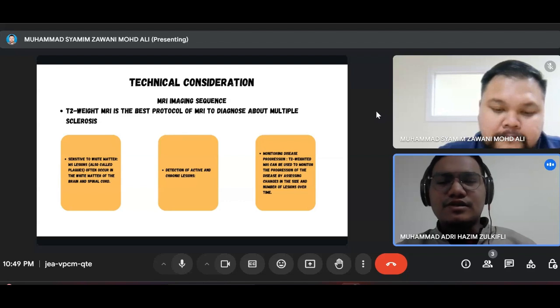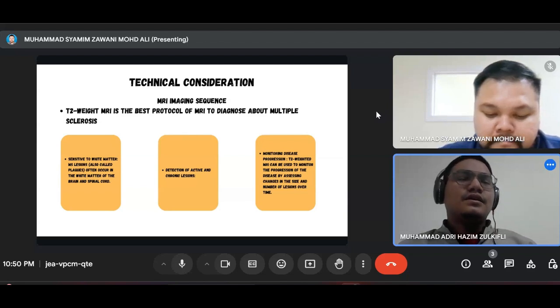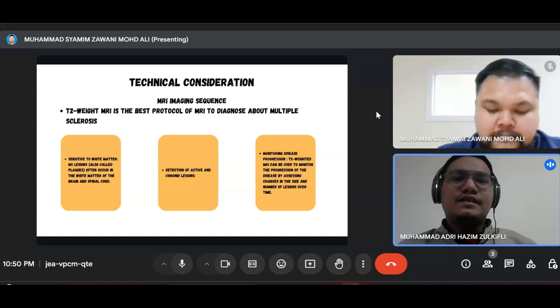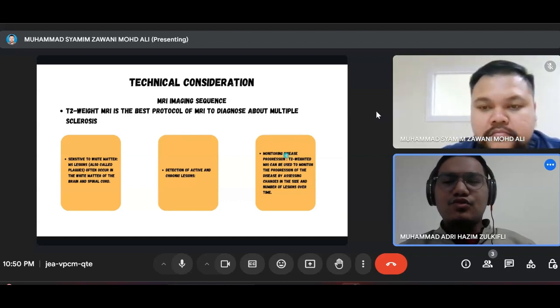Multiple sclerosis lesions, also called plaques, often occur in the white matter of the brain and the spinal cord. We also don't need any contrast such as gadolinium, which may cause allergic reactions in some patients.